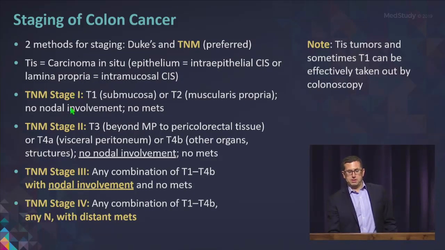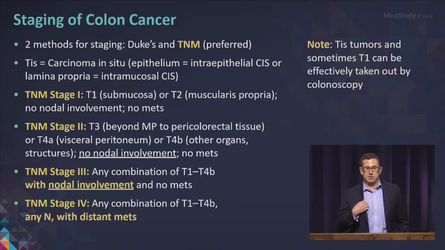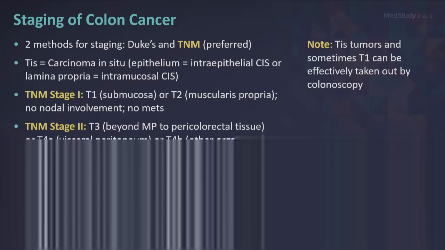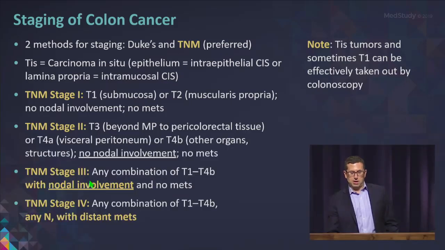As you start increasing, really not as... remove T1 lesions, which are in the submucosa, depending on how deep it is and how close and how different... stages, then you're talking about surgery and chemotherapy.